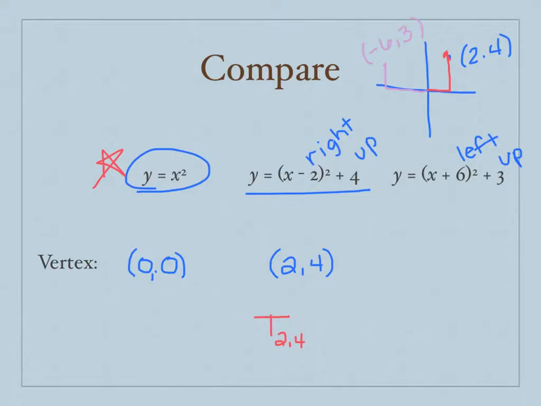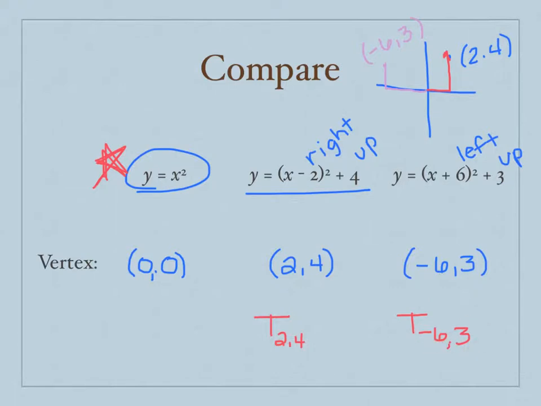So my vertex is (-6, 3), and if I were to write that as a translation of the original y equals x squared, it would be a translation of (-6, 3), which is really just saying move 6 to the left and 3 up.